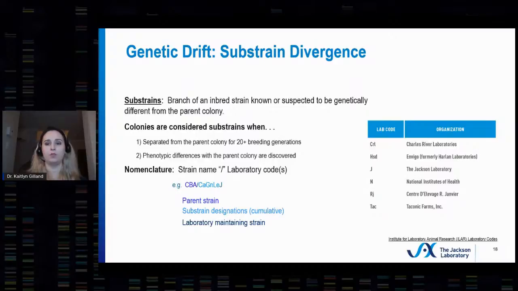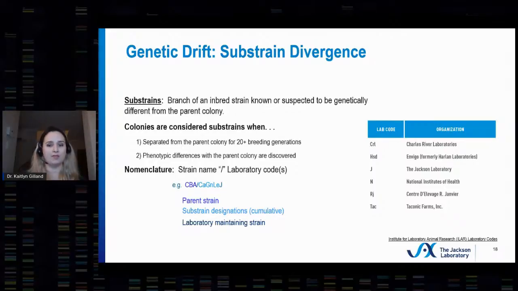There are more subtle differences that come into play when we consider genetic background and genetic drift. The potential for genetic drift to differentially affect two populations of a given strain maintained in isolation from one another is why we apply the substrain designations to them.